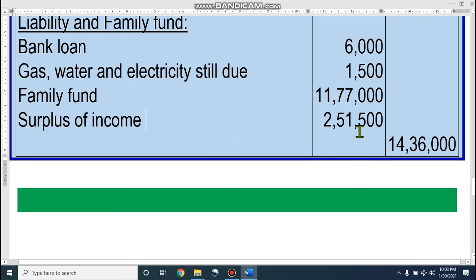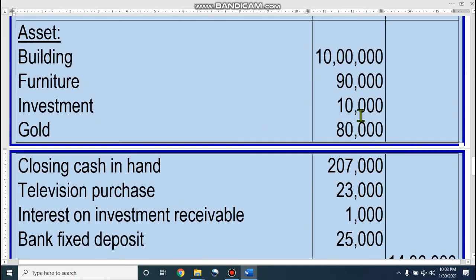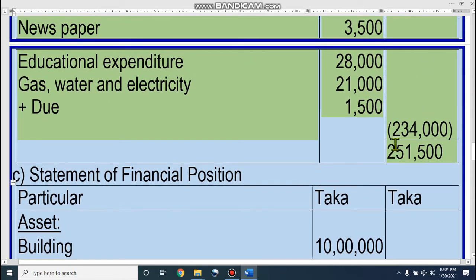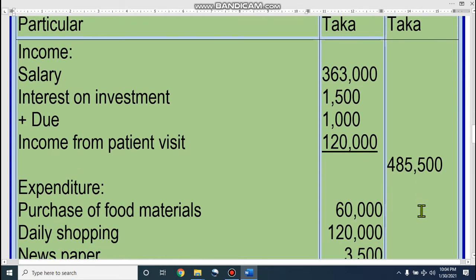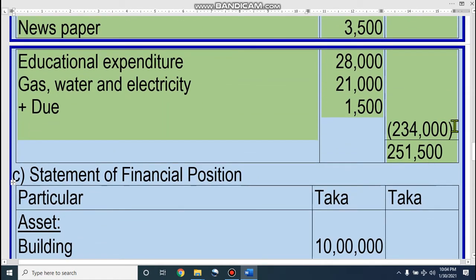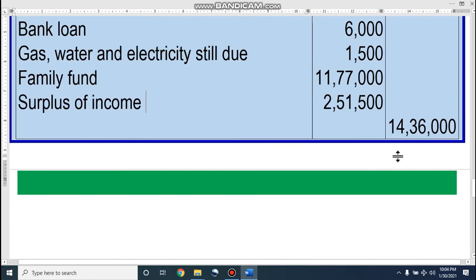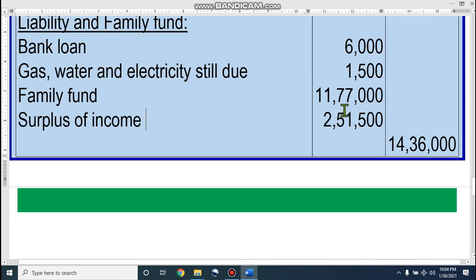Where do you get it? Look here. Total of income is 4,85,500 and total of expenditure is 2,34,000. So surplus income is 2,51,500. So dear student, 11,77,000 is the earlier family fund, and this year the family fund increased by 2,51,500.